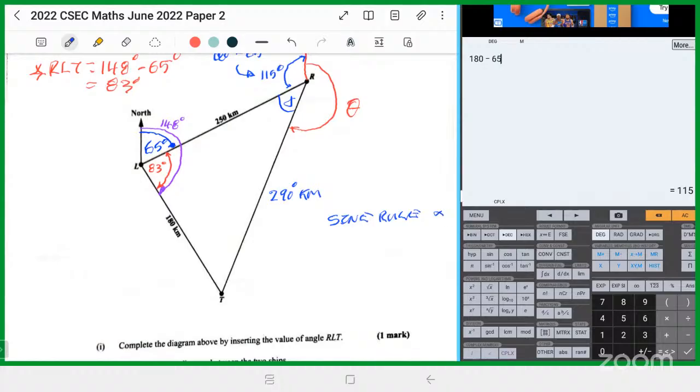Start with what you want. So I'm going to say sine of alpha over the side opposite. The side opposite the alpha is a 180. Equals sine of the angle that you know, which is this 83, over the side opposite the 83, which is the 290.